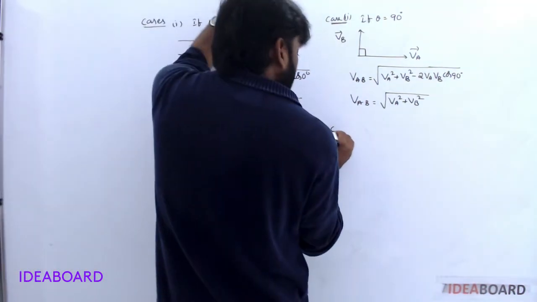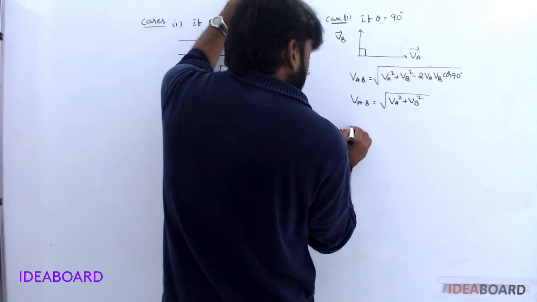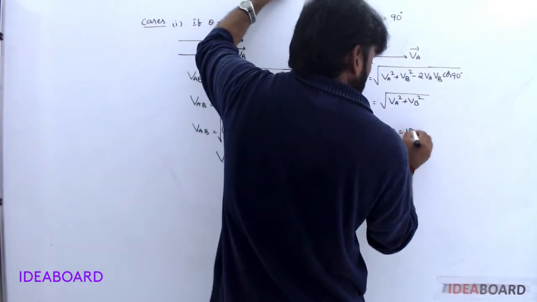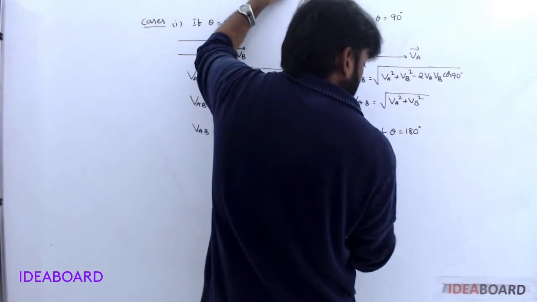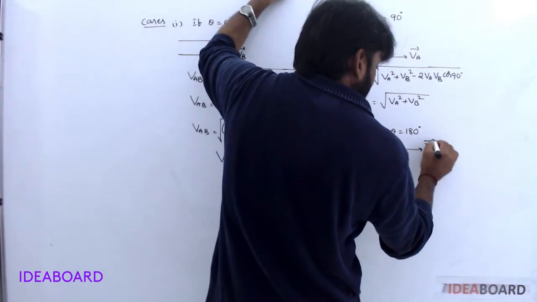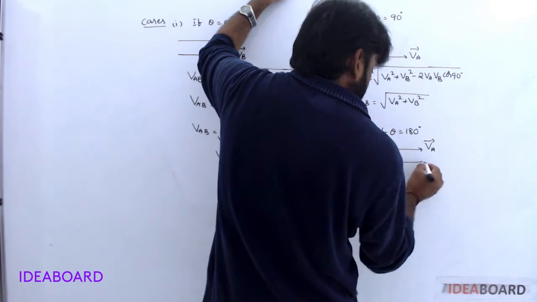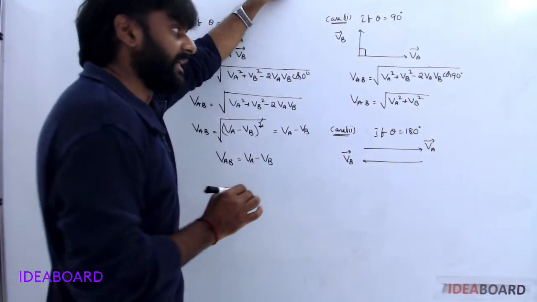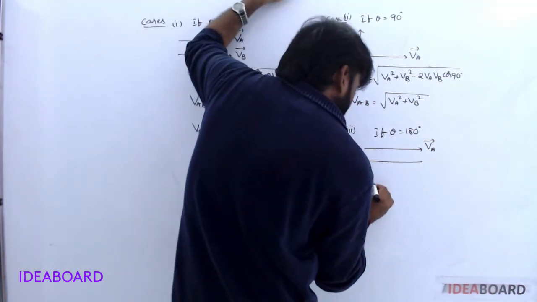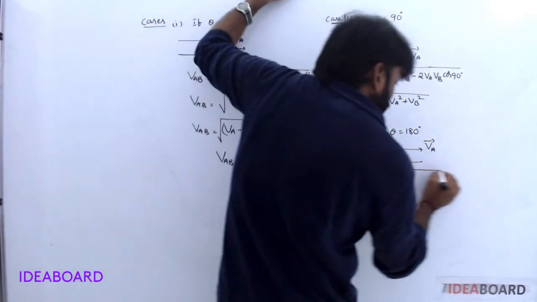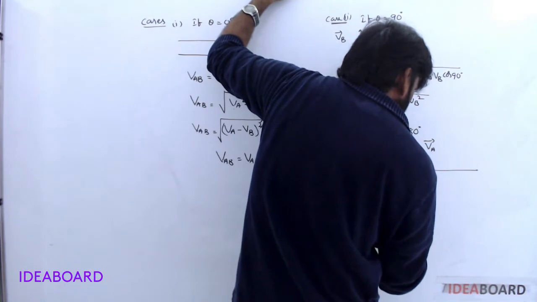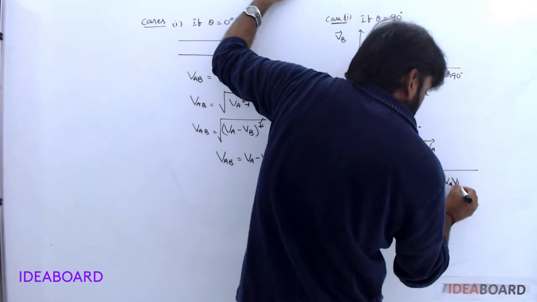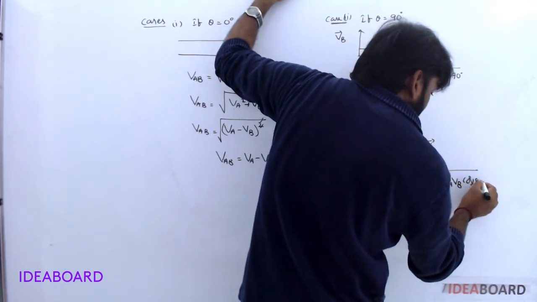Okay. Now case 3: if theta is equal to 180 degrees, that means both are moving in opposite directions. So VAB is equal to the square root of VA square plus VB square minus 2VA VB cos 180 degrees.